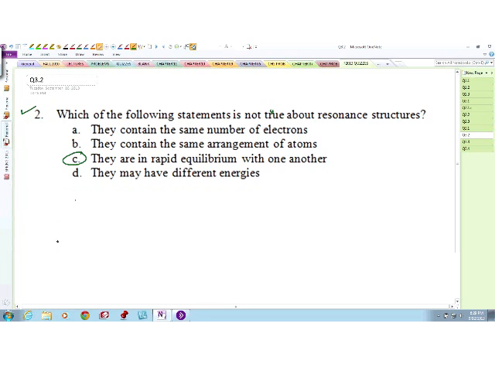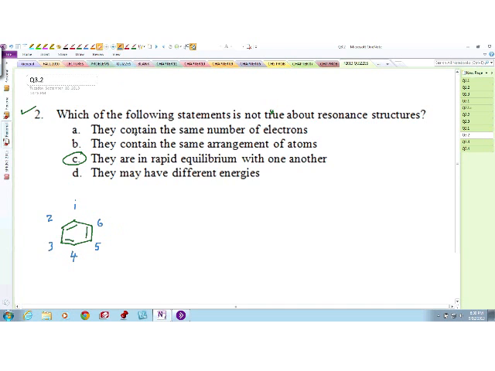For example, if I have this molecule here, just to make things easy for you, let us number the carbon atoms: carbon 1, carbon 2, carbon 3, carbon 4, 5, and 6. I could draw a resonance structure for that.